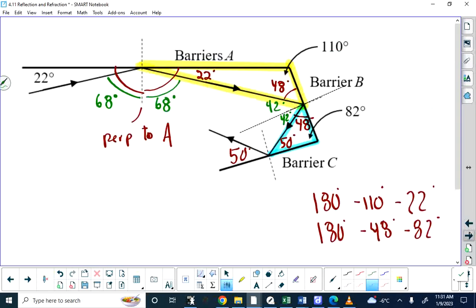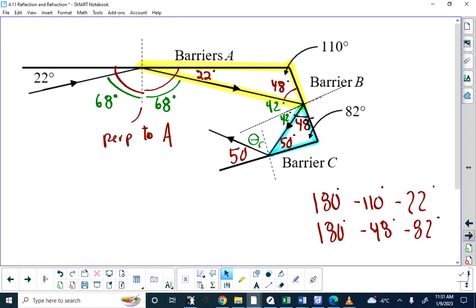So when I take a look at my diagram here, this is the angle of reflection. Let me redraw that. This is the angle of reflection in there.